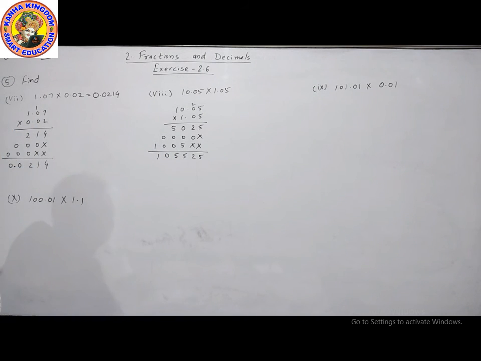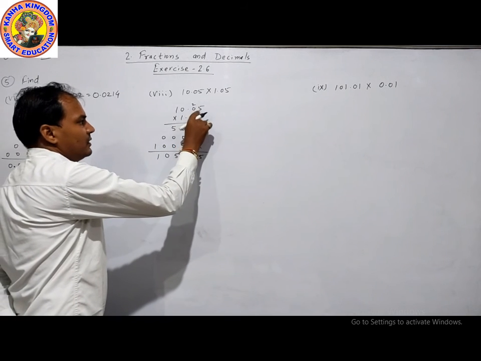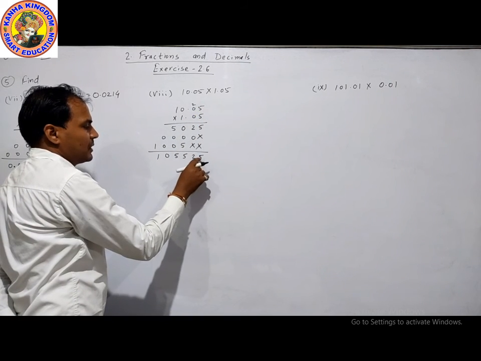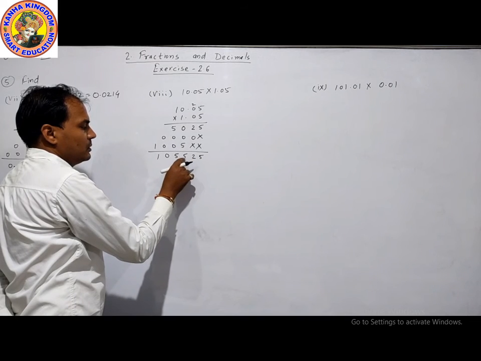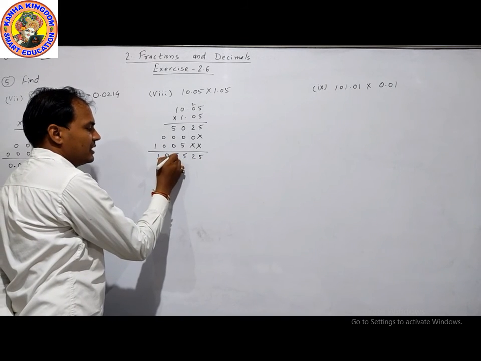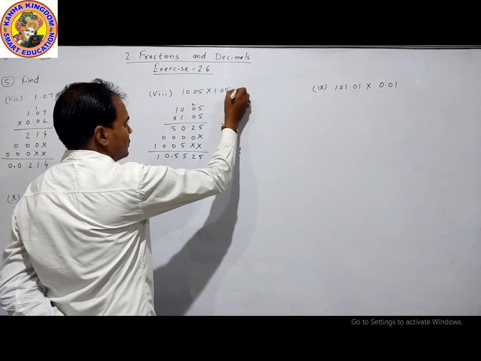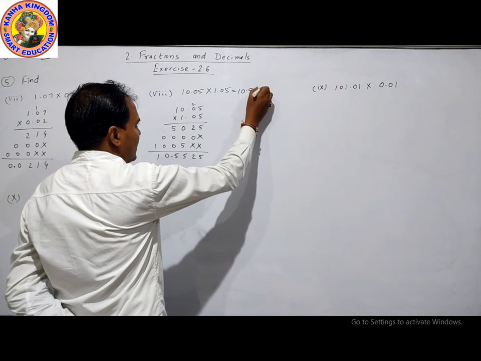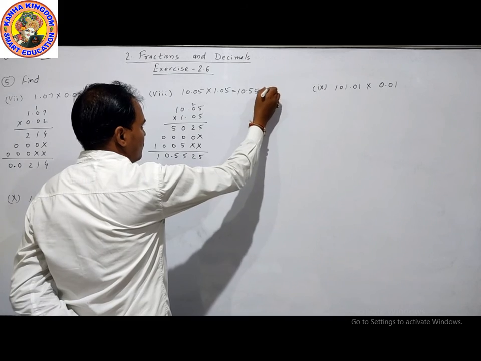Now counting of decimal points: 1, 2, 3, 4, after 4 digits, the decimal point will come. 0.5525.